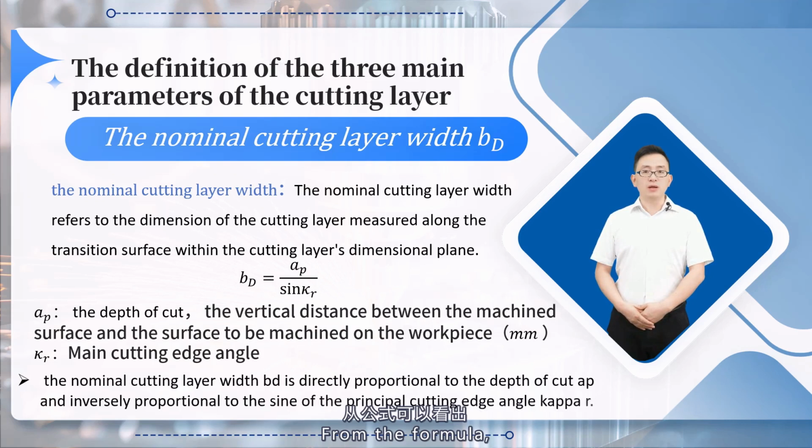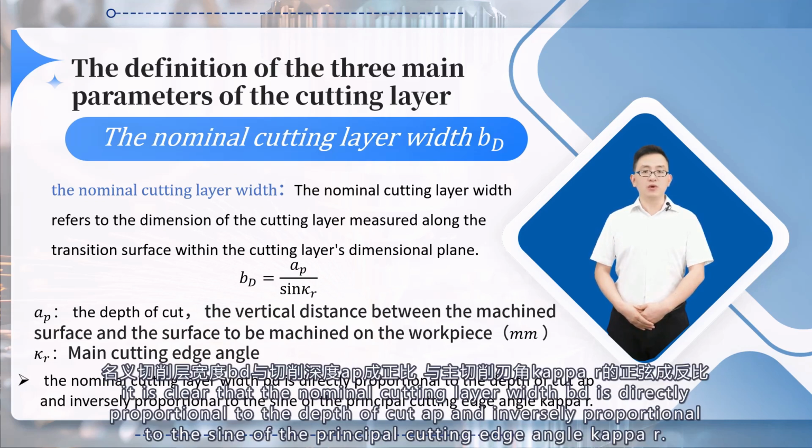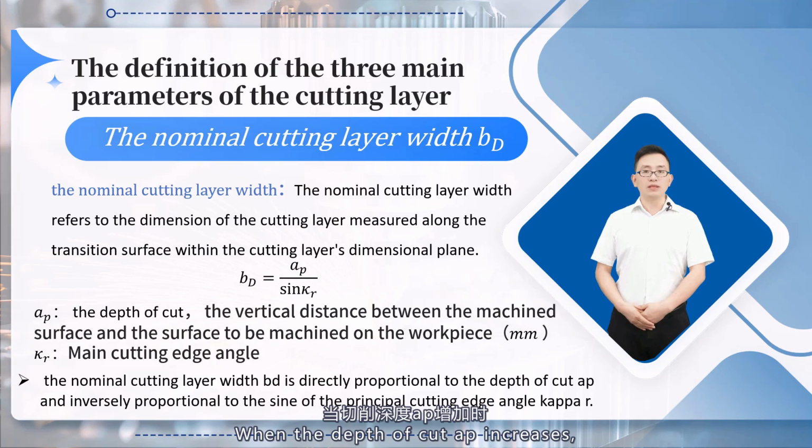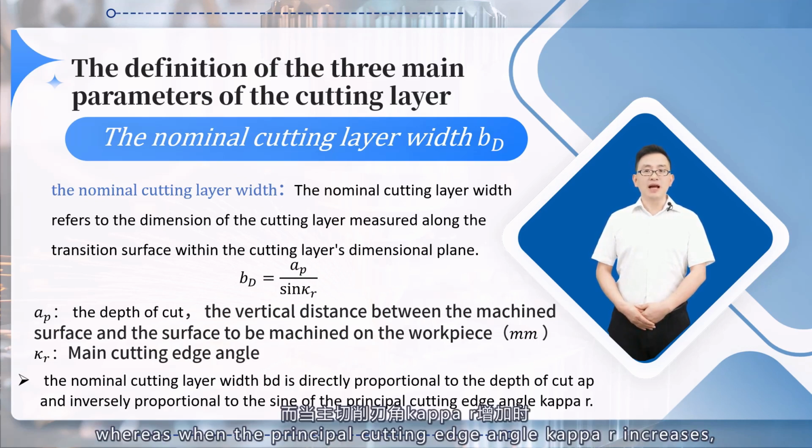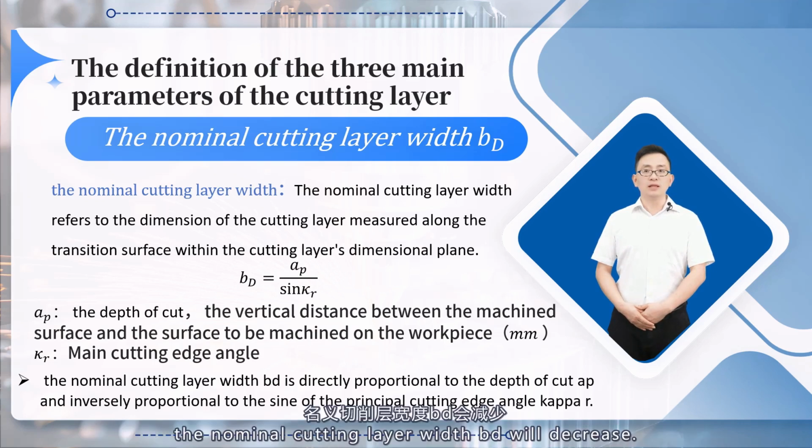From the formula, it is clear that the nominal cutting layer width, BD, is directly proportional to the depth of cut AP and inversely proportional to the sine of the principal cutting edge angle kappa R. When the depth of cut AP increases, the nominal cutting layer width BD will increase, whereas when the principal cutting edge angle kappa R increases, the nominal cutting layer width BD will decrease.